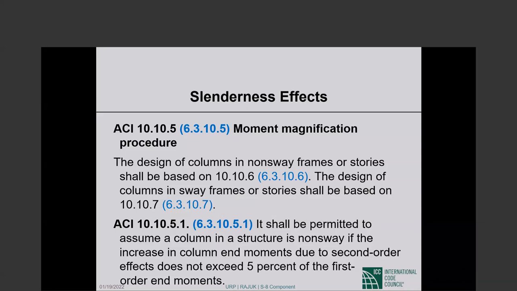Okay, moment magnification. The design of columns in non-sway frames or non-sway stories shall be based on 10-10-6. If it is non-sway, it is 10-10-6. Design of columns in sway frames is 10-10-7.